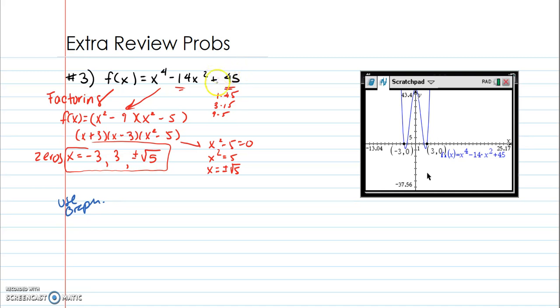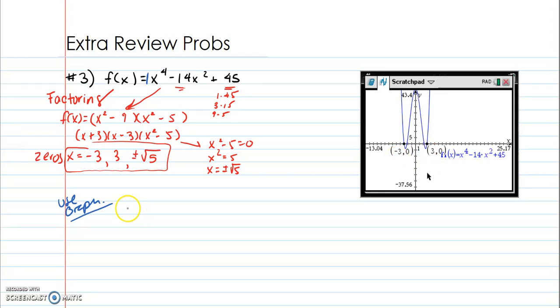And on this one, if I had to find the rational roots, which I didn't do, I'd have to have all the factors of 45 over all the factors of 1. And that would have included the 3 over 1, which is right there. So there's some of the rational zeros. If I use the graph, you can see that I graphed it here, and I have two zeros that are nice numbers, negative 3 and 3.